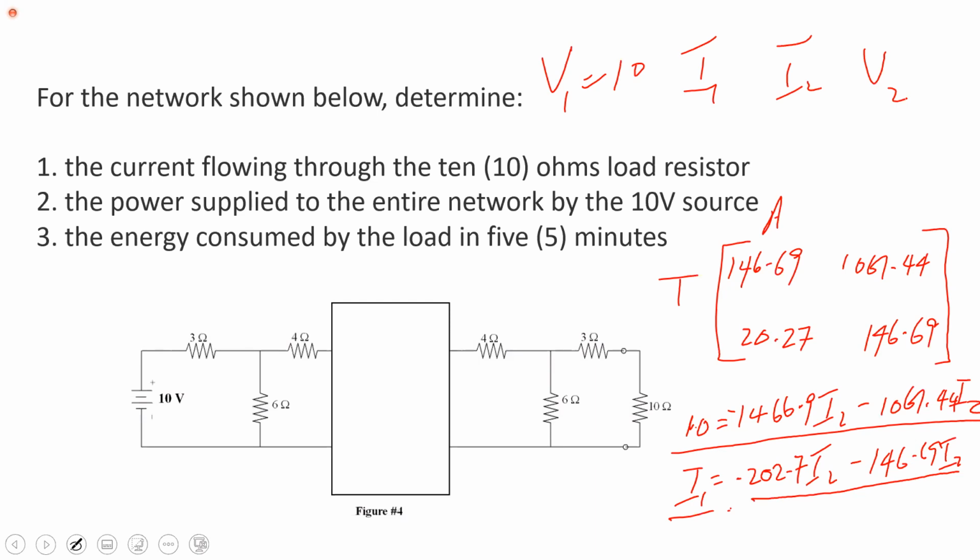So you now have I2, which is the current flowing through the load. You have V1, you have I1, so you can find the power supplied to the network, and the energy consumed by the load. You already have the current flowing, which is I2. So that's that for the problem.